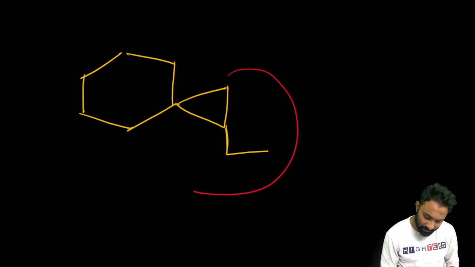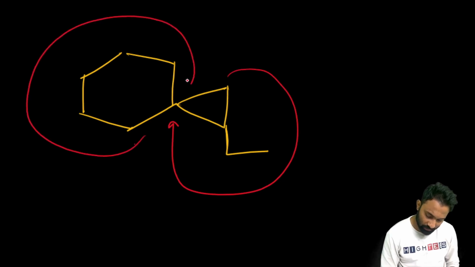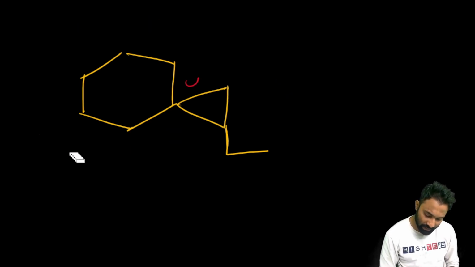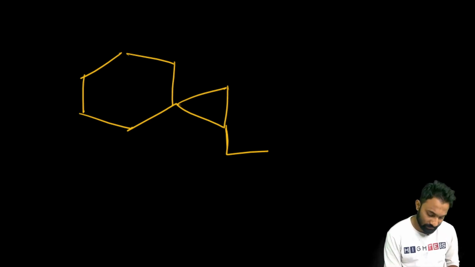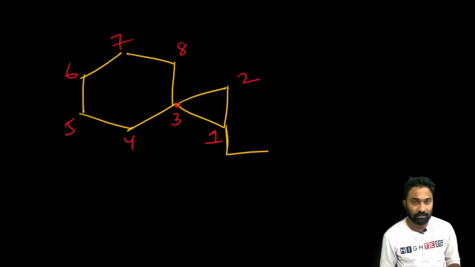If you start from here, this is the lowest carbon path. If you start from here, this is the highest carbon path. Lowest carbon path to highest carbon path, right? Then the substituent should get the least number. Then numbering will be here 1, here 2, here 3, here 4, here 5, here 6, here 7, and here it is 8. Done.